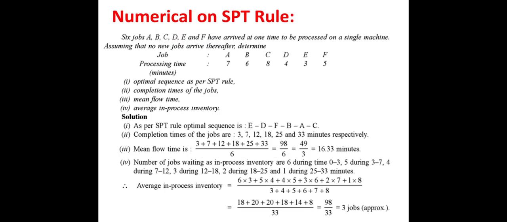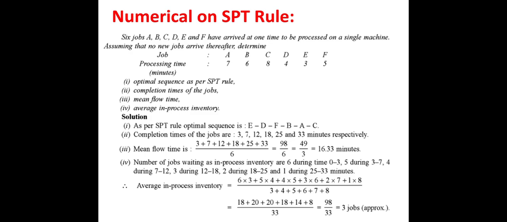Now, let us see an example on the SPT rule, that is the shortest processing time rule. Here the job definition is: 6 jobs A, B, C, D, E and F have arrived at one time to be processed on a single machine, assuming that no new jobs arrive thereafter.